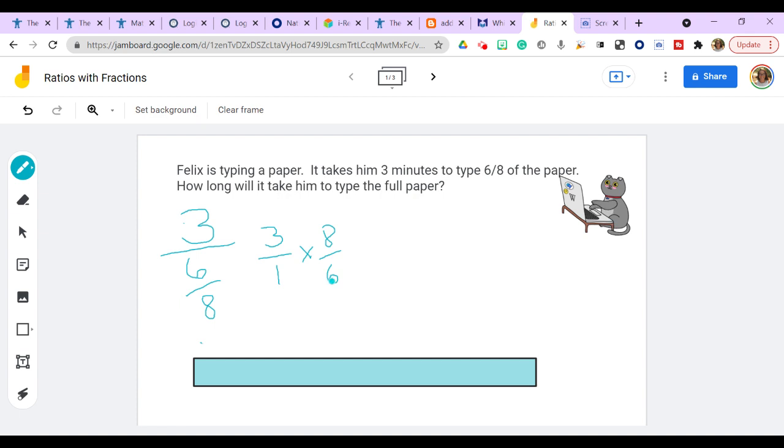Okay, now before I multiply, I can see if I can simplify. I look at our fractions, so I have 3 and 6 here. 3 and 6 are both divisible. 3 goes into 3 once, 3 goes into 6 twice.